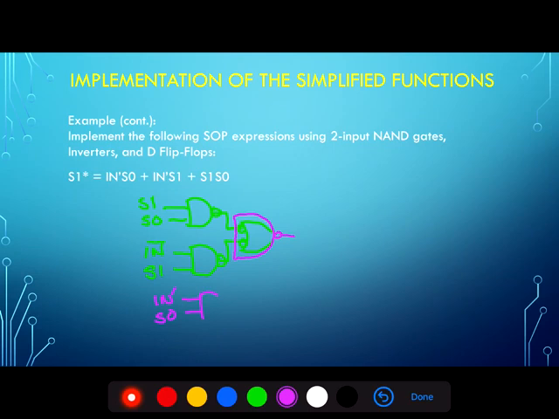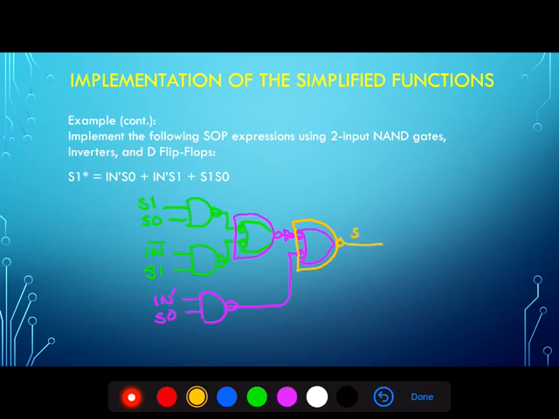Those will also go into an AND gate, then into an OR gate. But now we'll have to invert the inputs of the OR gate in order to convert it to a NAND gate. Now this will become a NAND gate, and we're all set.